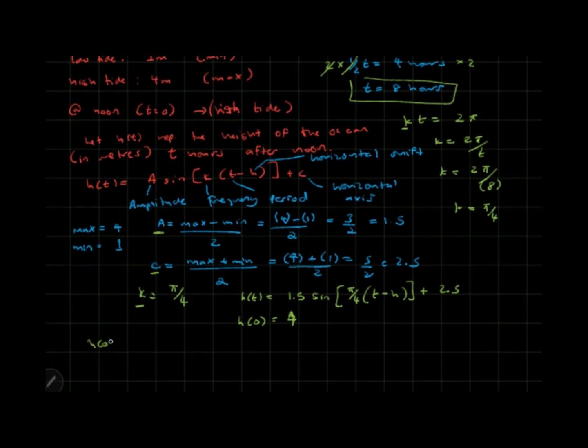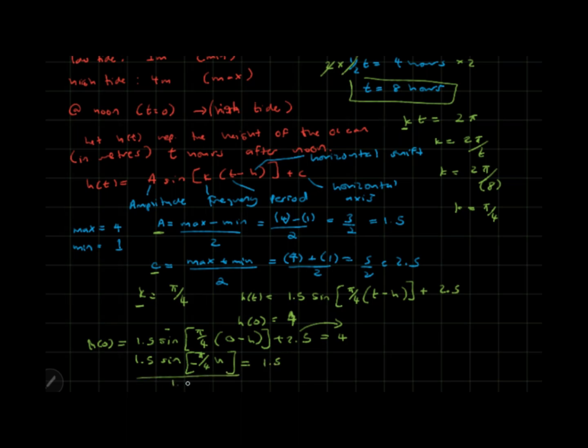So h of 0 here is equal to 1.5 sine pi over 4, 0 minus h, plus 2.5 is equal to 4. Then move the 2.5 to this side, you get 1.5 sine of negative pi over 4 times h is equal to 4 minus 2.5, which is 1.5.